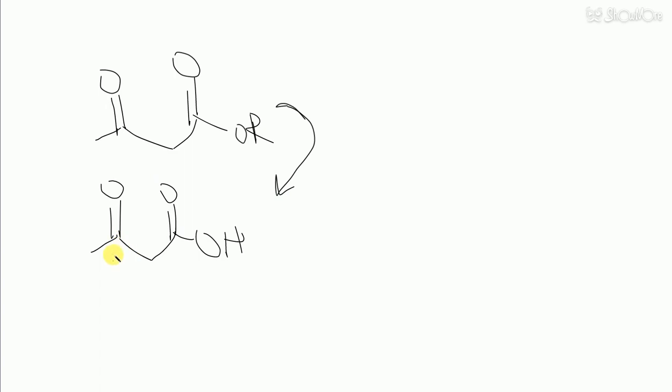So the rule for decarboxylation is that you have 1 carbonyl, and then on the beta position, we have a carboxylic acid, right?